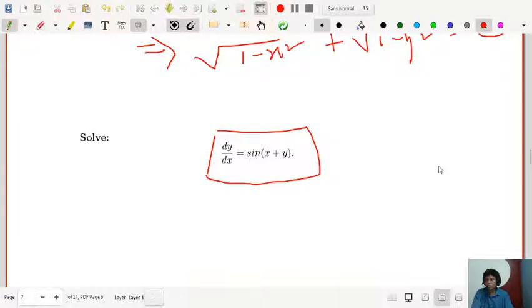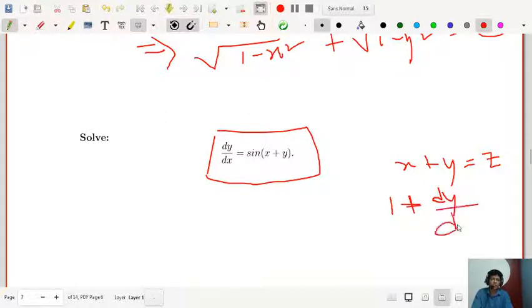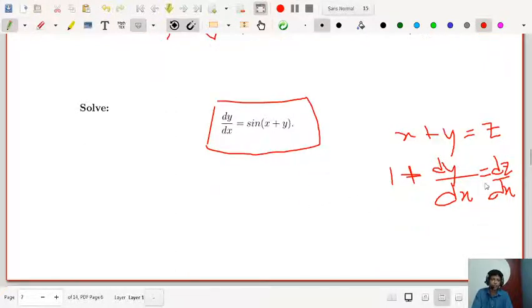Let us substitute x plus y equal to z. Then differentiating with respect to x, it will give you 1 plus dy dx equal to dz dx, right?